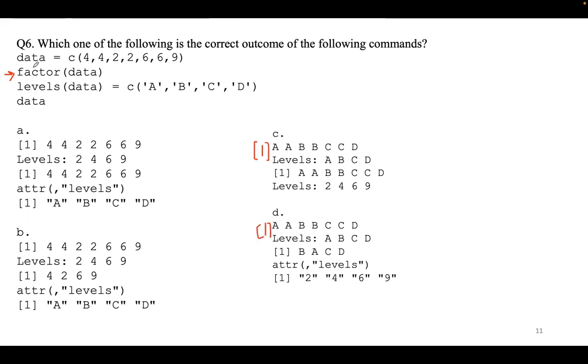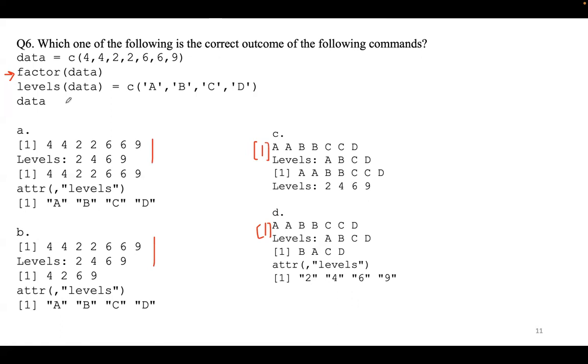The first line that you're printing is factor data. When you're converting it as a factor, what is going to be the output? So out of the first line, you can say it's either going to be option A or option B, right? So these 2 lines you're sure of.